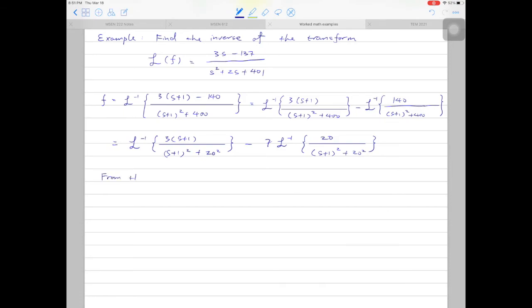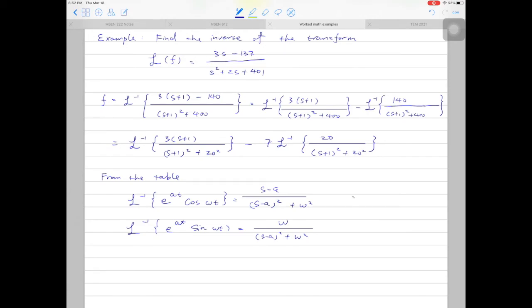From the table you have seen just now, you know if you apply inverse Laplace transform to e to the power at cos omega t, it will give you s minus a over s minus a squared plus omega squared. Similarly, if you apply the inverse Laplace transform to e to the power at sine omega t, you will get omega over s minus a squared plus omega squared.